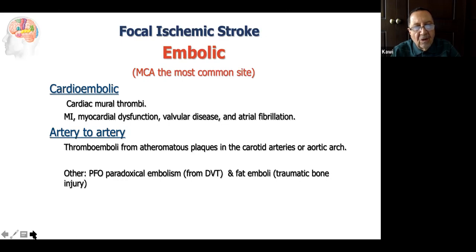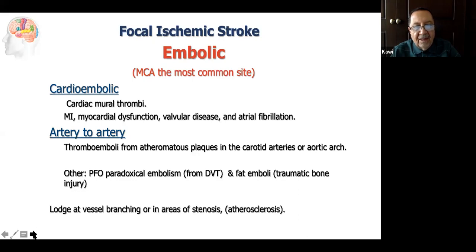However, because of the hole in the wall of the atria, which is the patent foramen ovale, it may go from the right side of the heart to the left side of the heart and go into the arterial circulation. And this usually happens when there is a rise in the intrathoracic pressure, such as straining or coughing and so on.